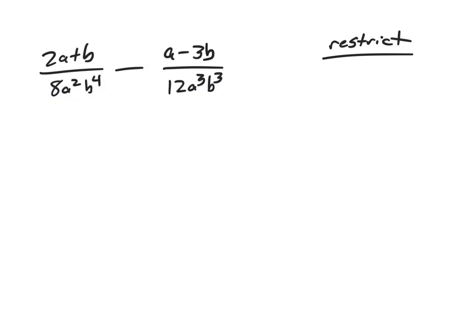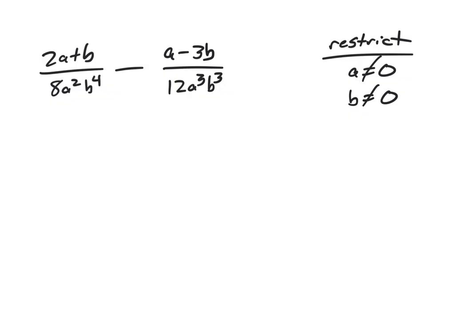And so we have to restrict A and B here. This is the first one we've seen more than one variable in, at least on bottom. So in this case, because there's no plus or minus signs, what I'm going to say for my restrictions is A cannot be 0 and B can also not be 0. They're both going to be restricted to not be 0.